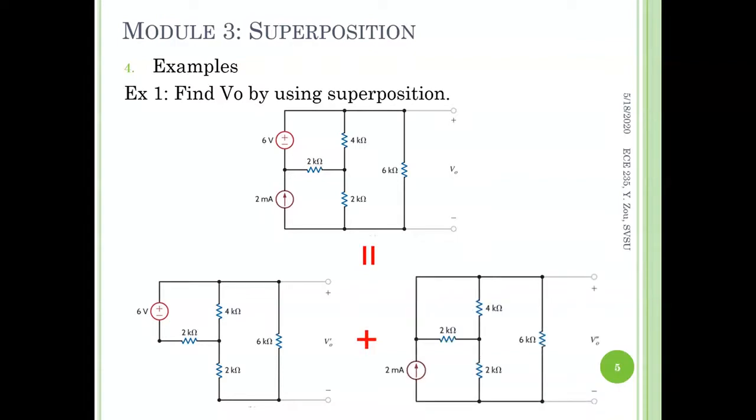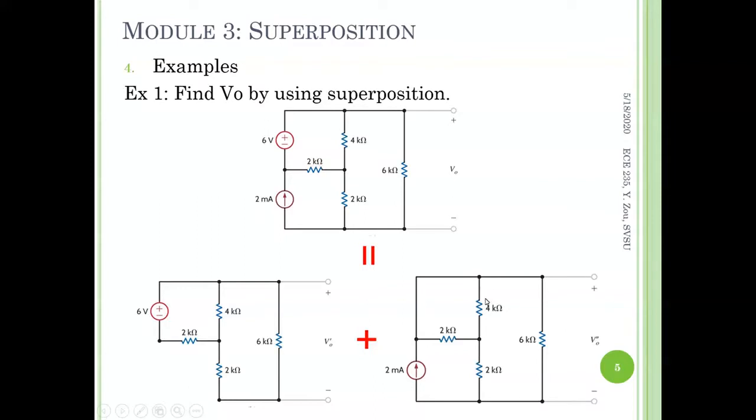So in the 6 volts voltage source circuit, we need to make the current source 0. How to make it 0? According to the previous slide, we need to open this current source. That's why this portion of the circuit is gone.